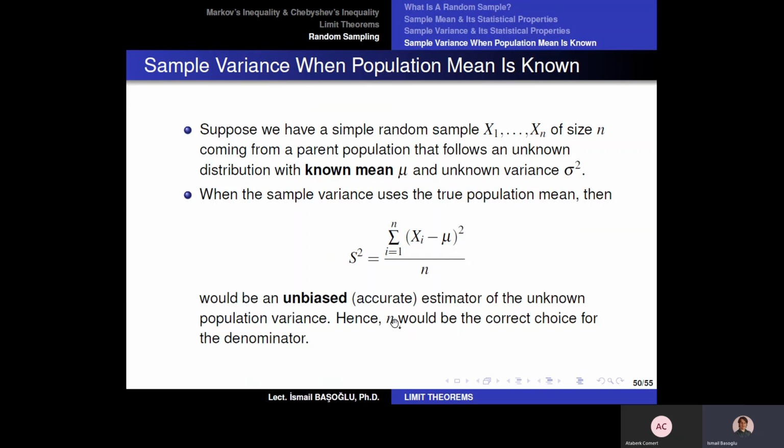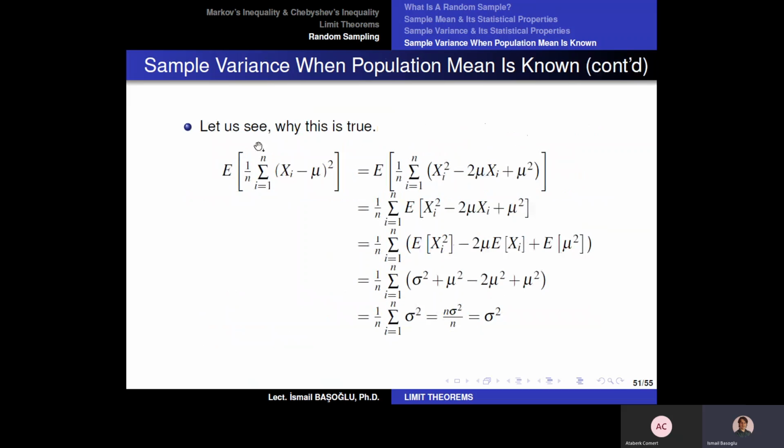So we can show it by taking the expectation of the mean squared deviation. This is the sum of squared deviations. By dividing it by n, we get the mean squared deviation, and the expectation here calculates the expected value of s square. Again, we can do the same operations one by one, and in the end, you are not going to see any term related to sigma square over n.